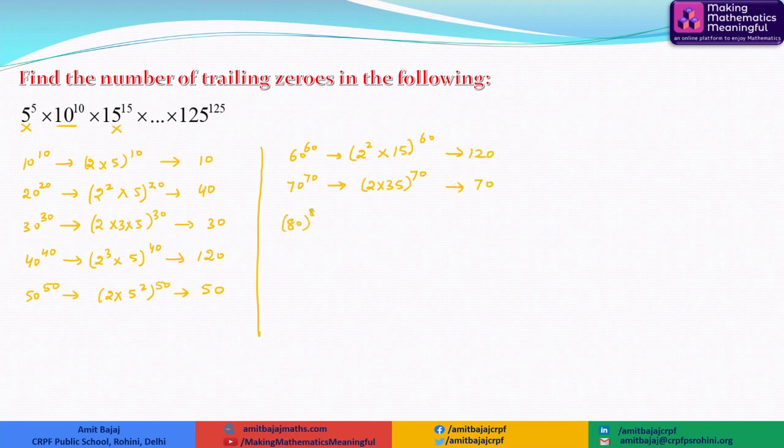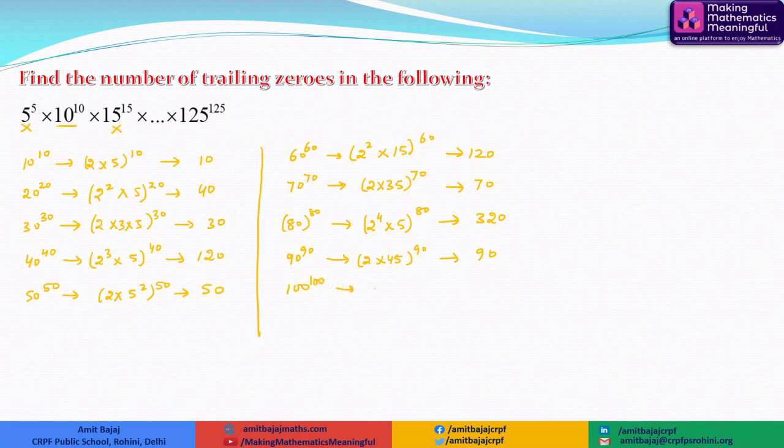For 80 raised to the power 80, which is actually 2 power 4 into 5, that will contribute a huge number of zeros. 2 raised to the power 320, that is 320 zeros will be there. And from 90 power 90, it is 2 into 45 power 90, which contributes to 90 zeros.